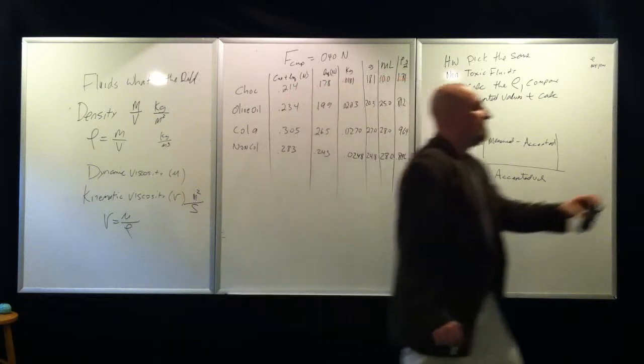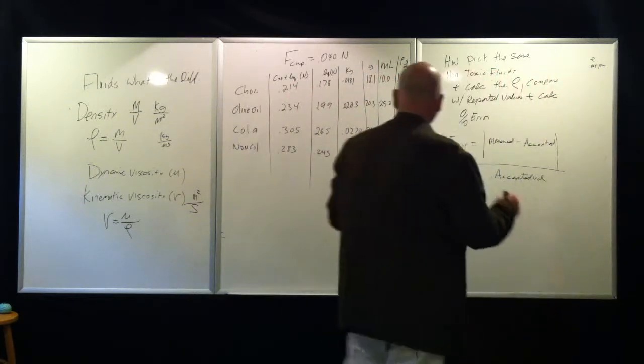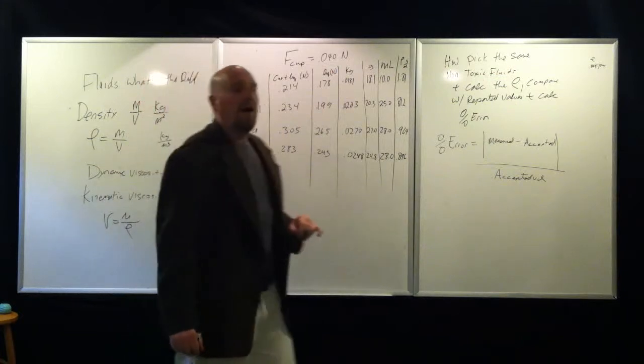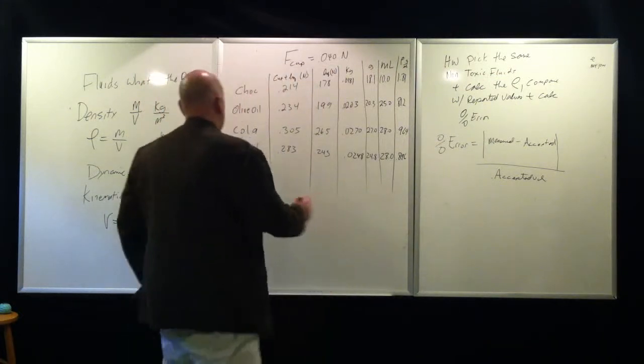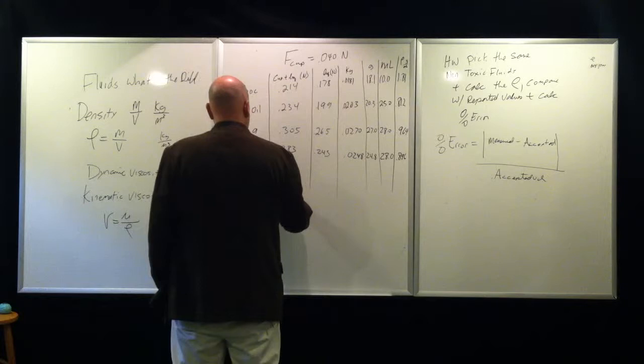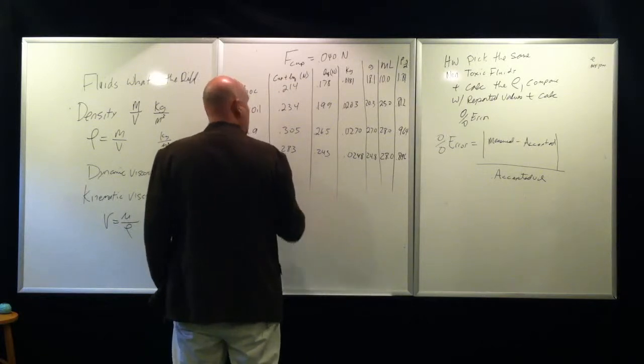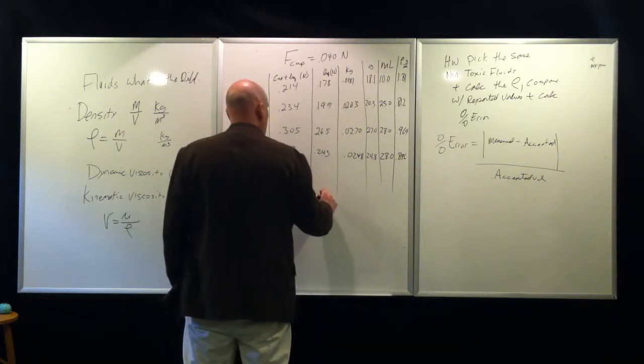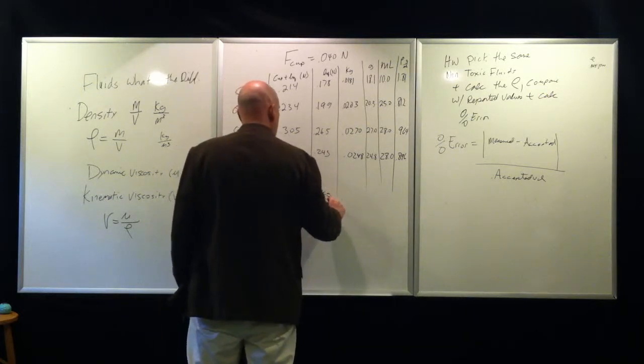And let's say I determine the density of water. Density of water, I ended up getting, and I'm going to change the units on this, and let's say I calculated it to be 1001 kilograms per meters cubed.